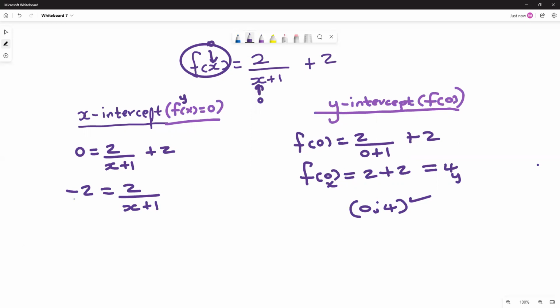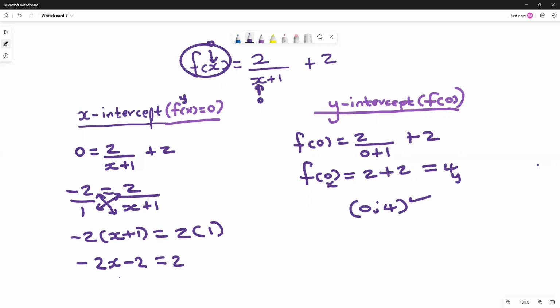And then you're going to cross multiply. Now remember, this is 2 over 1, so this will multiply with that. So you have negative 2 times x plus 1 equals 2 times 1, which is negative 2x minus 2 equals 2.